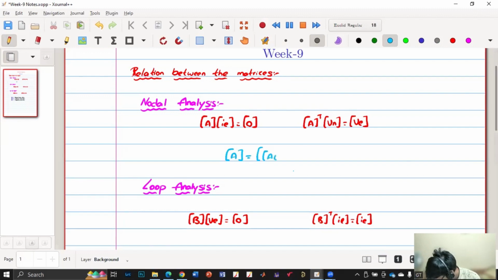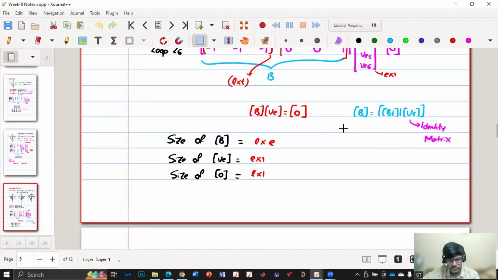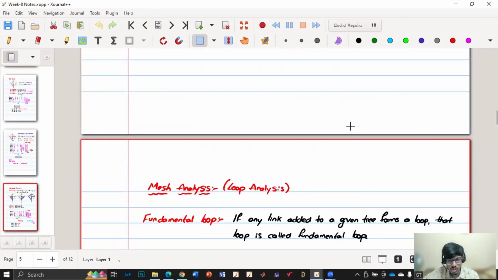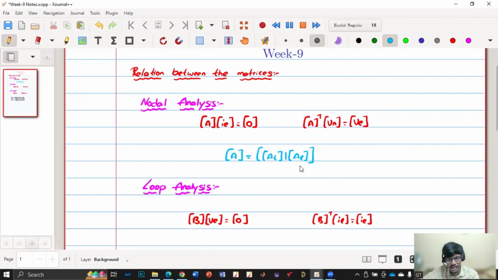Mainly the first subpart is twigs and the second subpart is links. So is this clear how I'm writing? Similar to this, the first part is twigs, the second part is links. Here the second part has another additional property, which is an identity matrix, but here there is no such property. So the A matrix I am writing as A twigs and A links. Is this clear, or are you having any doubt?